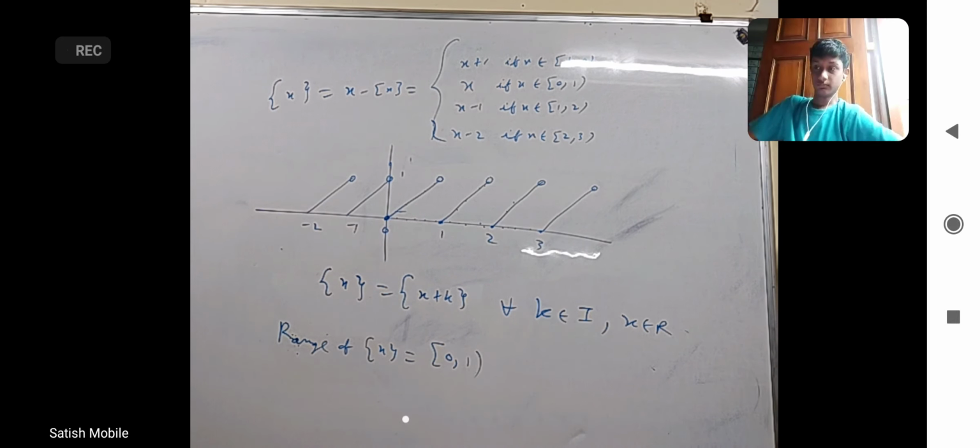So quite extensively we discussed what is integer part and what is the fractional part, so that even if it comes in any other question, any place, you can use this theory.